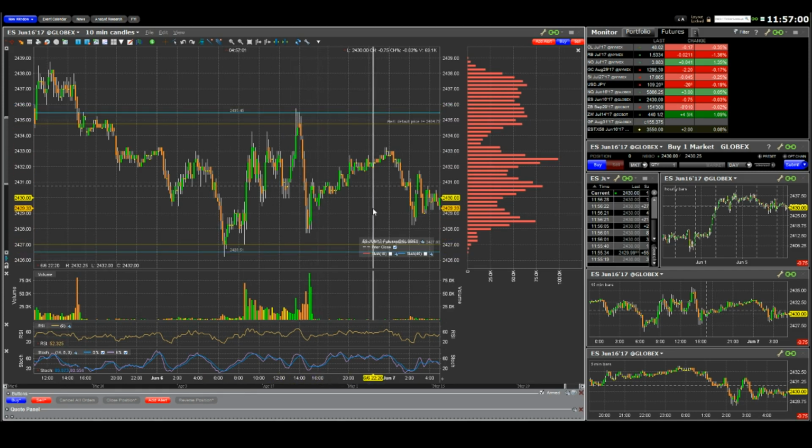So if you're into short-term trading, you can actually use this to your advantage. If you buy here, you can set the stop very close, because if you break down, chances are that it will go down further.